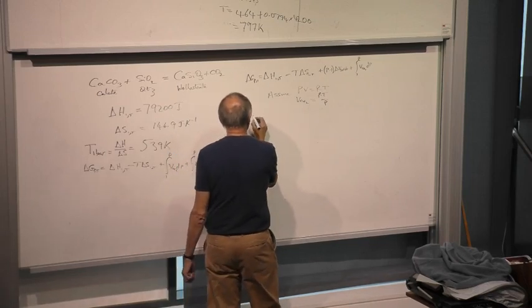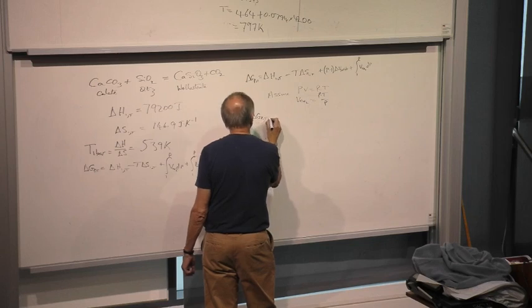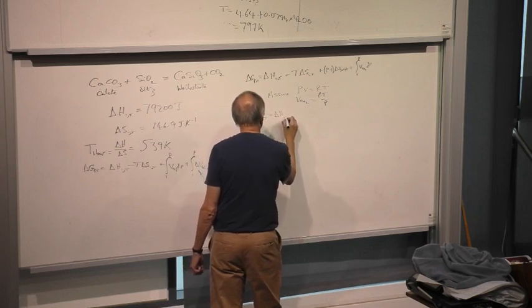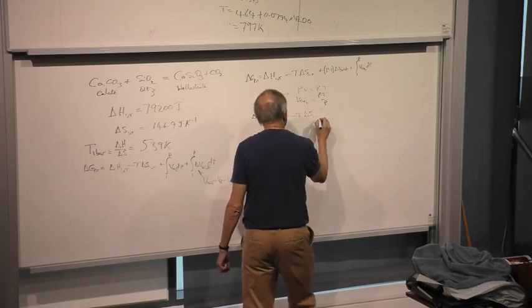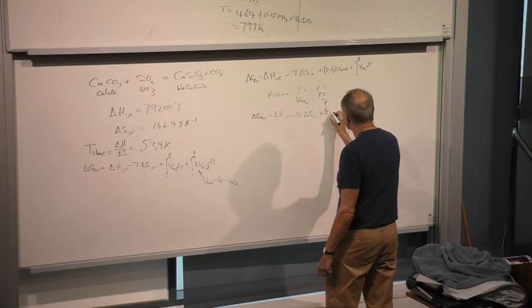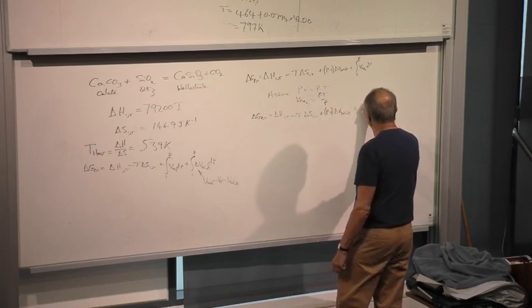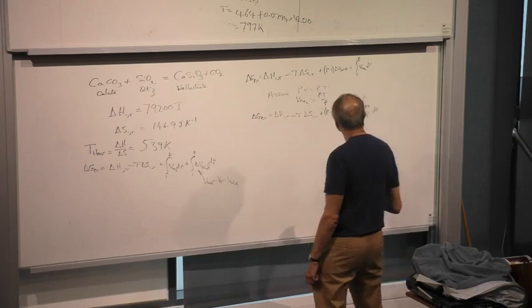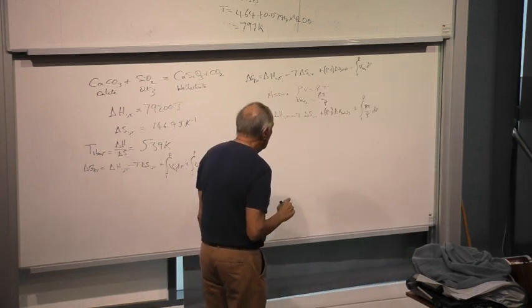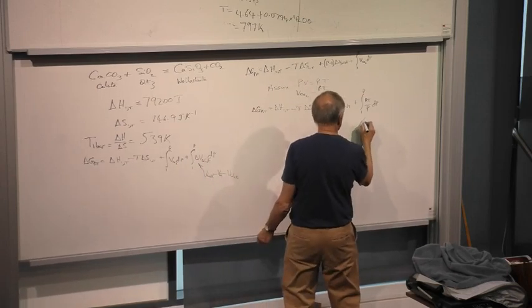So this then is delta G plus the integral from 1 to P of RT over P. Okay, so this term we can take the RT outside, they're constant.